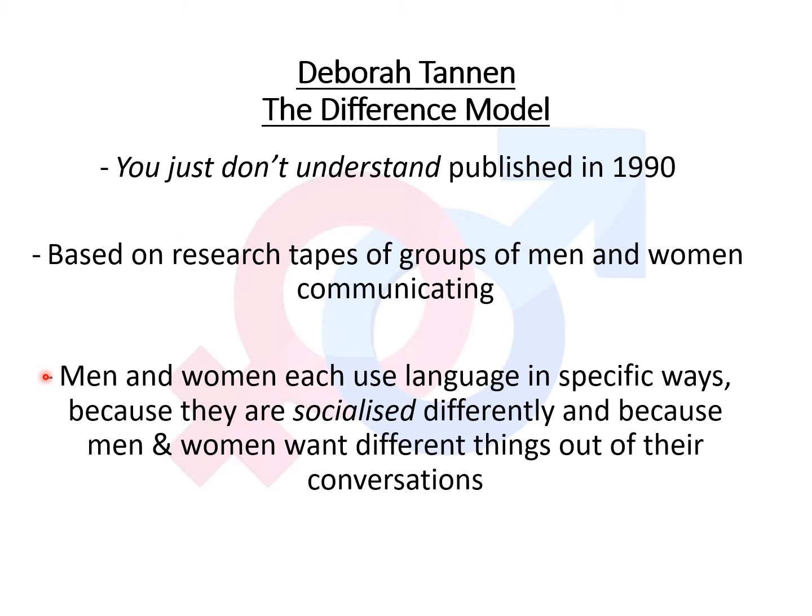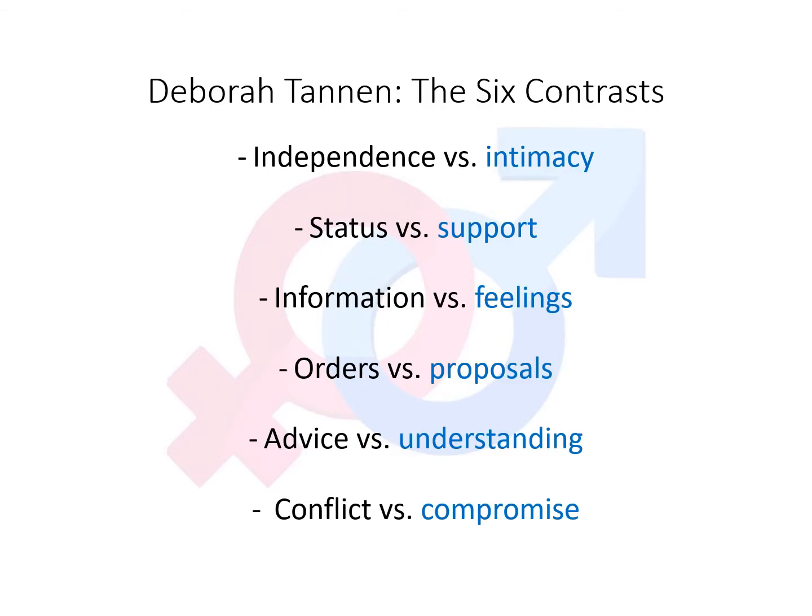And again, like Fishman, she made her conclusions based off recordings between groups of men and women communicating with each other. So Tannen focused her ideas around 6 contrasts in the way that men and women use language. I'm going to focus specifically on 3 of these in this video, but it's worth noting down what these contrasts are.